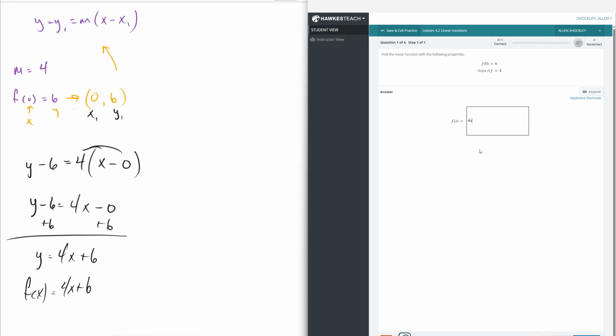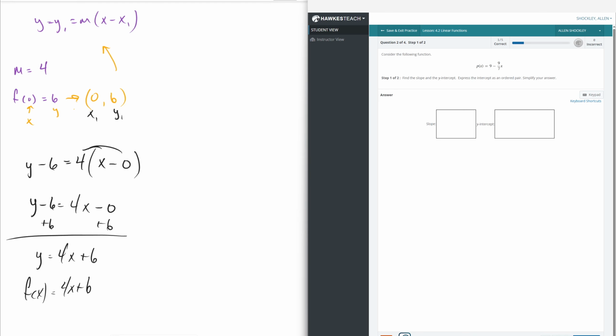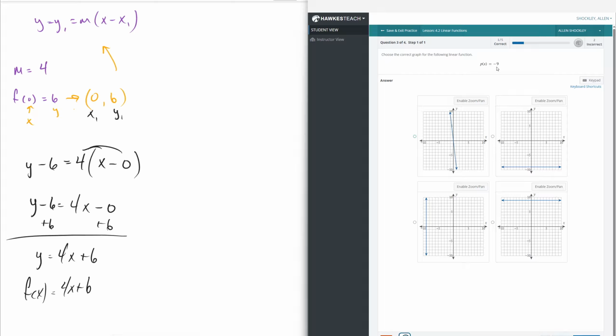4x plus 6. We did this one. My slope is going to be this part right here, the negative 9 over 7, and then my y-intercept would be 0, comma, 9. This one, again, y equals negative 9.